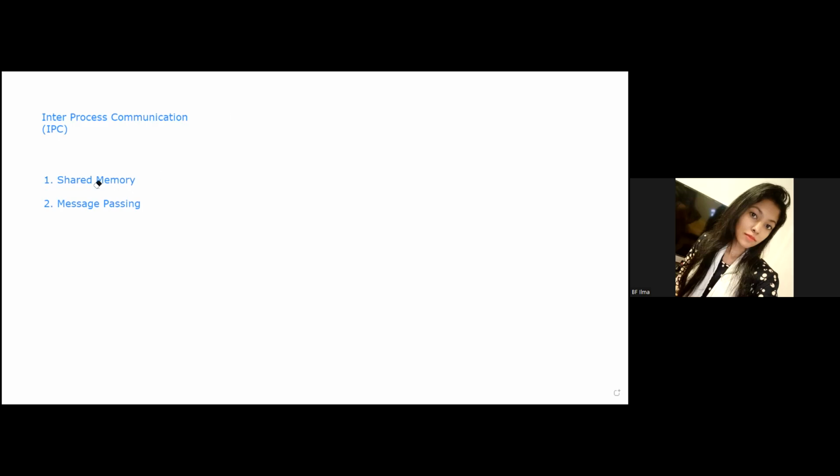Shared memory is basically a very simple concept. There's a part of memory which is shared among the cooperating processes. Let's imagine this is that, and suppose there are two processes, P1 and P2. If P1 needs to communicate with P2, it can simply write data into here.